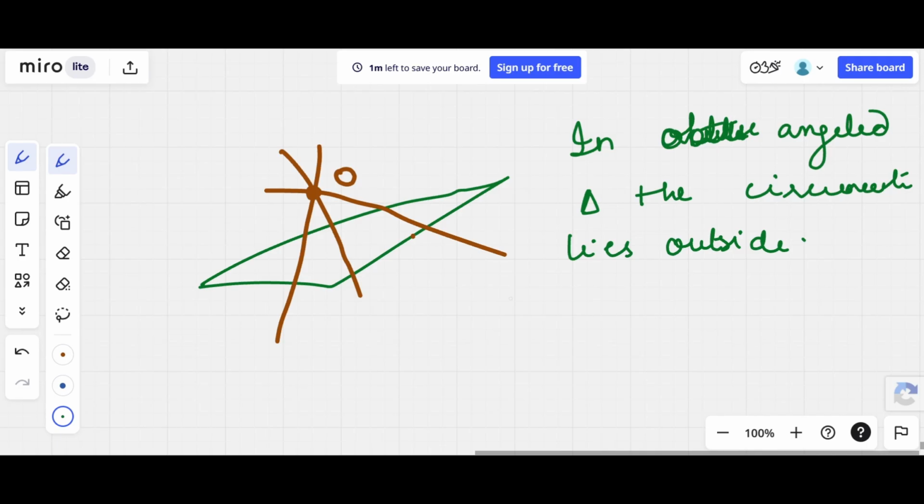This is obtuse angle. So in an obtuse angle triangle, the circumcenter lies outside. But still, if I keep this as the center, my circle will pass through the three non-collinear points properly. Okay, this diagram is not correct, but it will work. So an obtuse angled triangle will be like that.